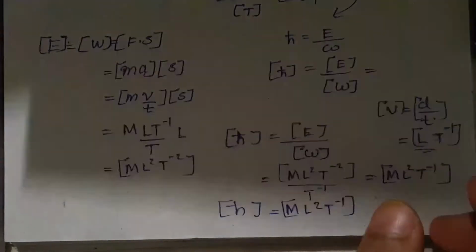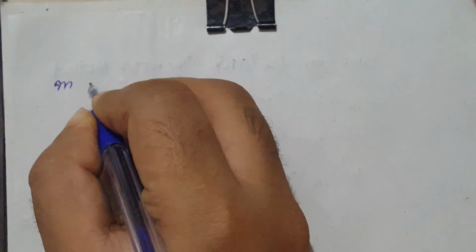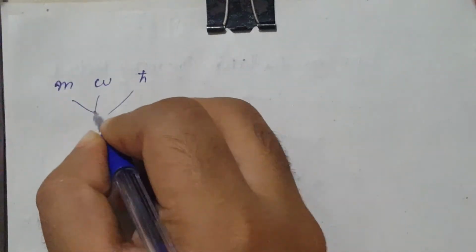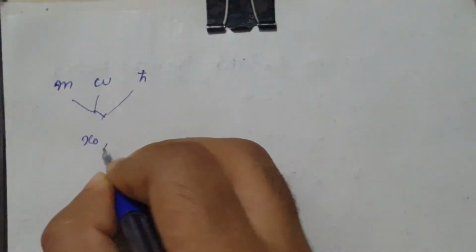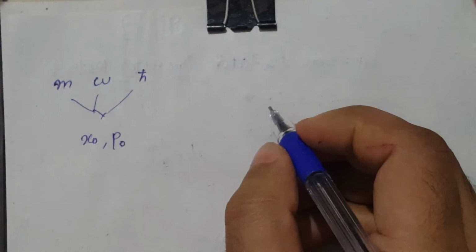Okay, now let me summarize what we have found. We are looking at m, omega and h cut. From this we are going to make two variables, x0 and p0, where x0 has the dimension of position and p0 has the dimension of momentum.